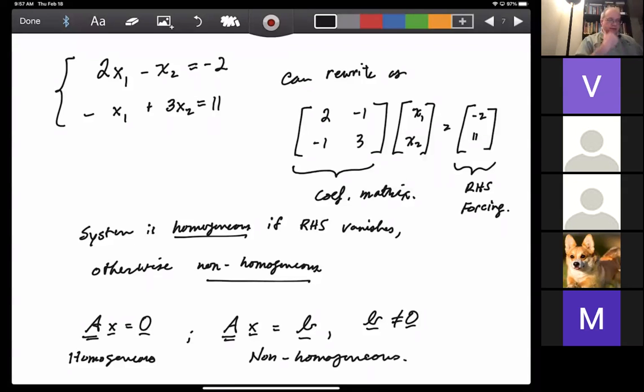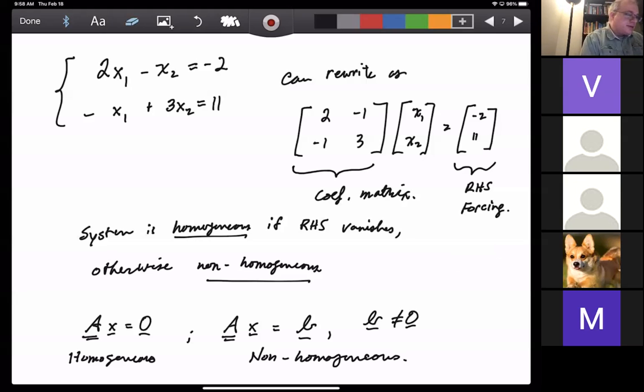Now, if you go back and think about that problem, AX is equal to B, where A, X, and B were all numbers, homogeneous would just mean that B was the number 0. Non-homogeneous would just mean that the number B was a number other than 0.